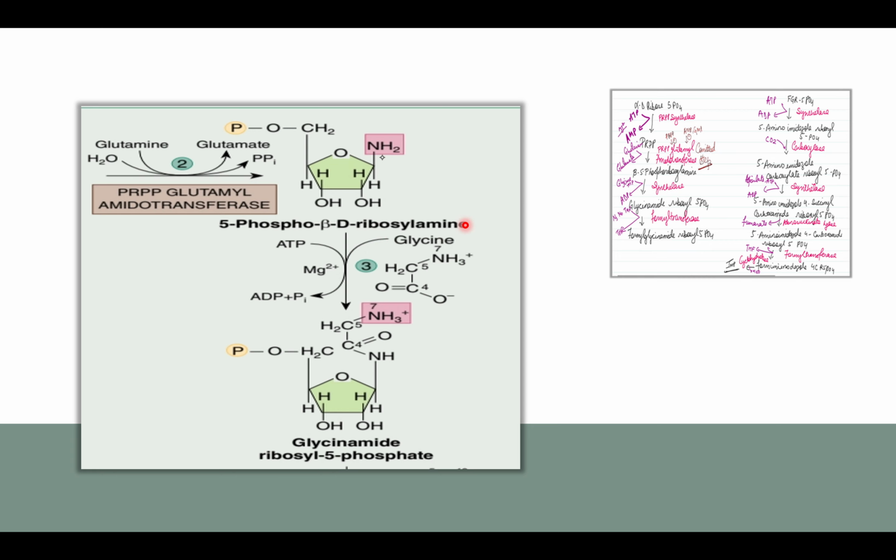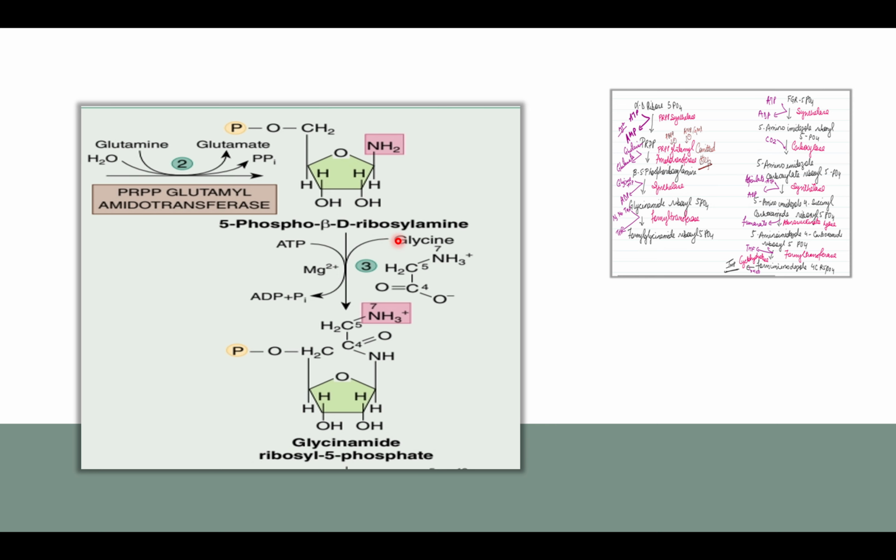So the amide group is added to the ribose 5-phosphate and the two molecules of phosphorus which were attached have been removed, leading to formation of 5-phospho beta D ribosylamine. Different books have different nomenclature in purine synthesis, so I have ensured that both names are mentioned in the slides, so that whenever you read from different sources you should not get confused and realize that both of them are correct.